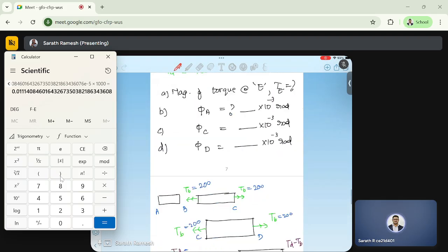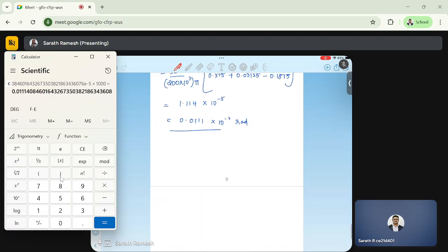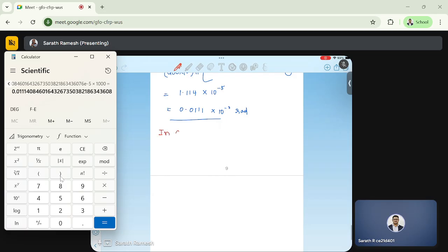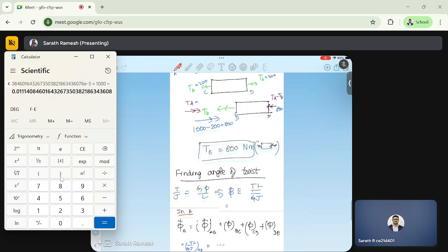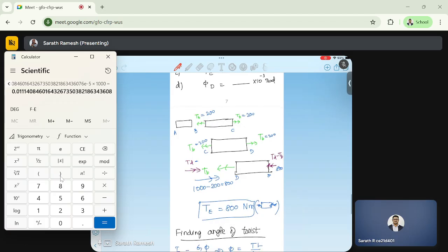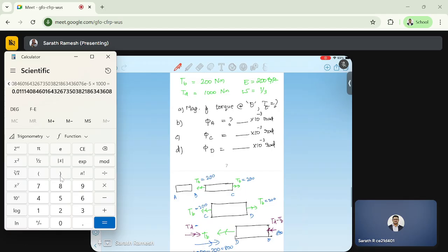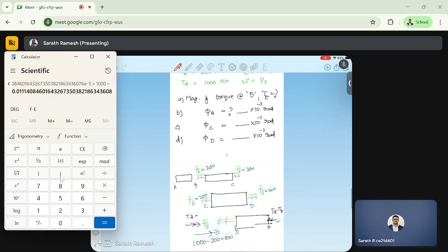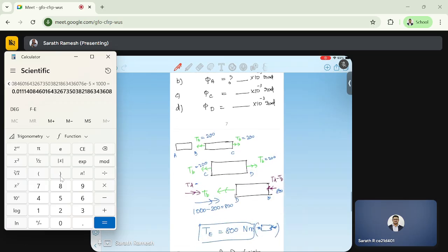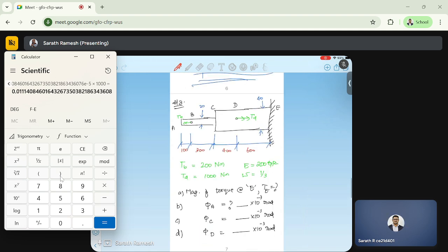Next question, about the angle of twist in C and D. In C, how will this be? Yeah, here it is.